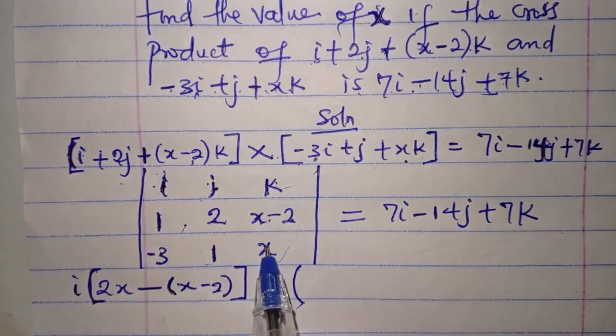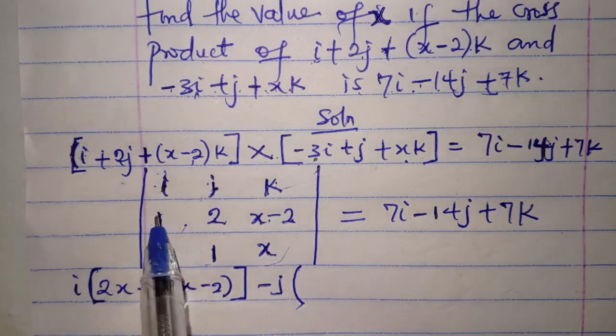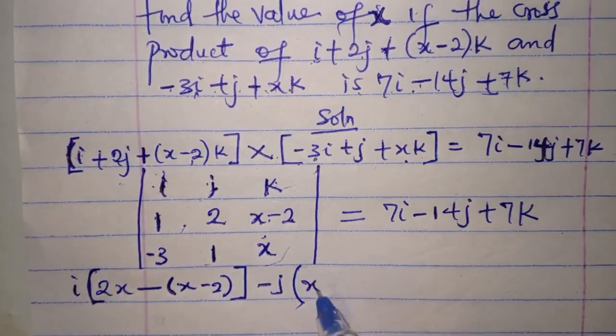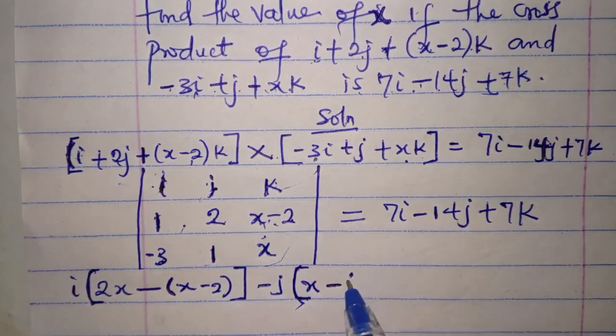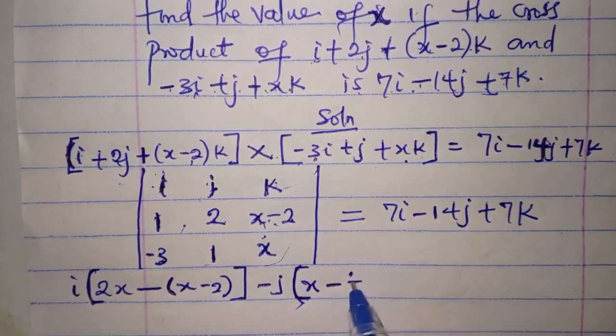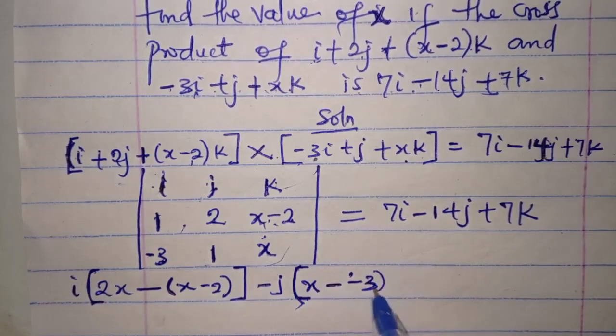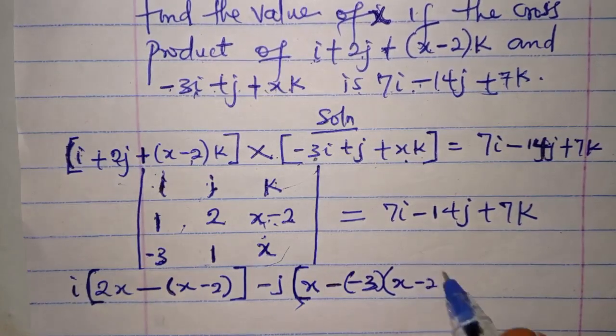So let's evaluate the determinant of that 2 by 2 matrix. 1 times x is x minus, then minus 3 times minus 3 multiplying x minus 2.